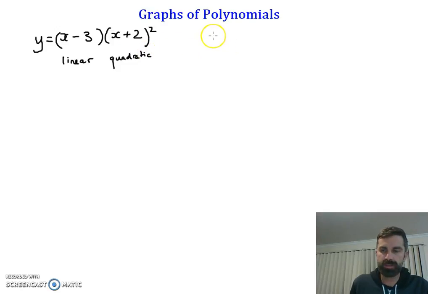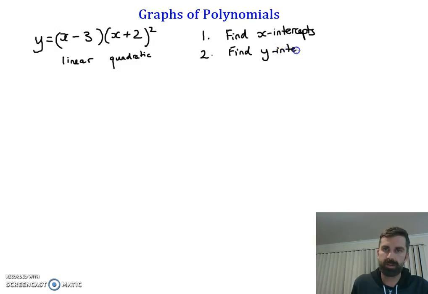Okay, the process for graphing this is really similar to what we did with quadratics. So first of all, we're going to find the x-intercepts. Second of all, we are going to find the y-intercept.